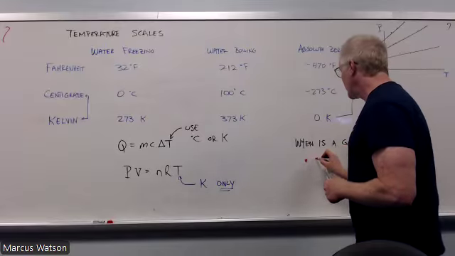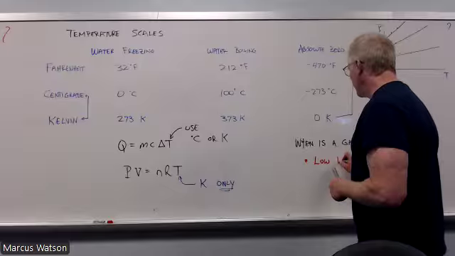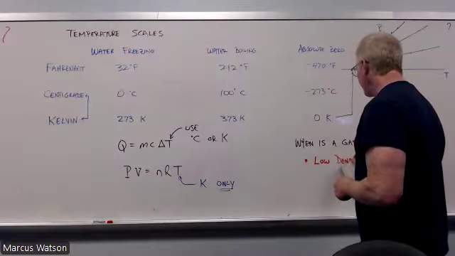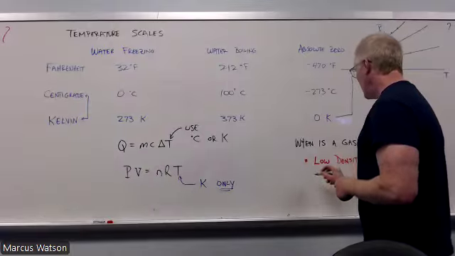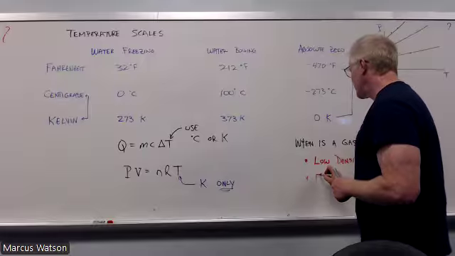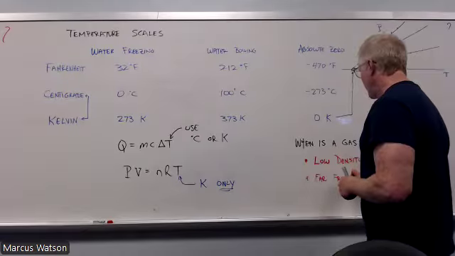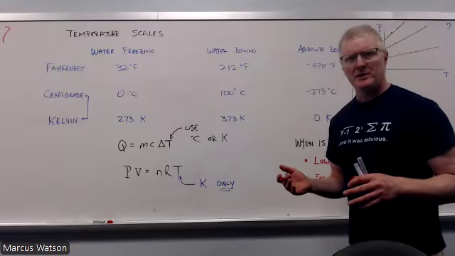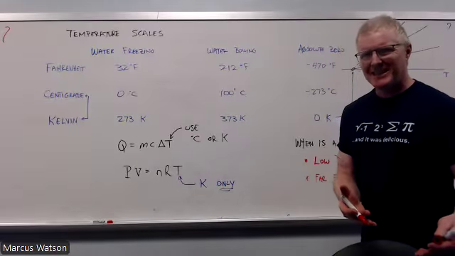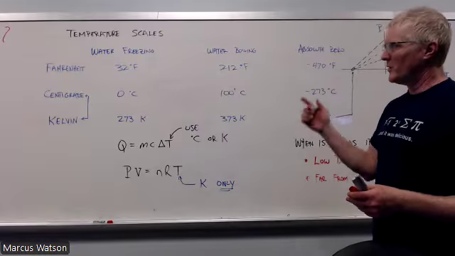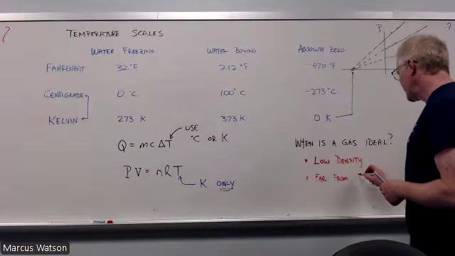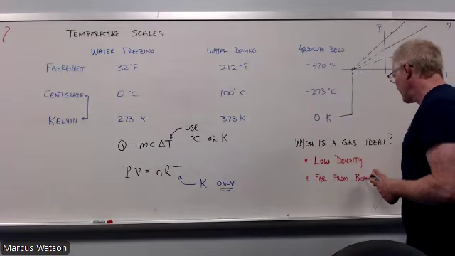Okay, so when's a gas ideal? Well, typically you're going to want to talk about a gas that has fairly low density. And while it's got low density, it should be fairly far from the boiling point, or the condensation point, when it turns into a liquid.